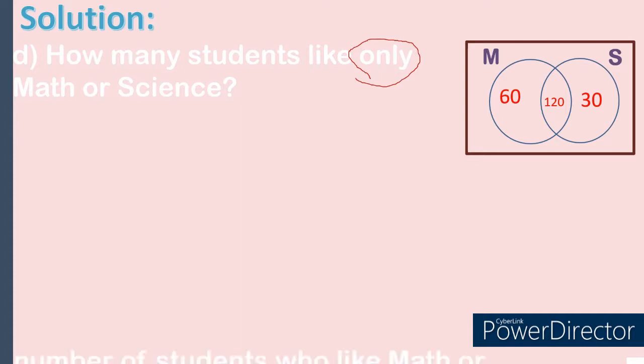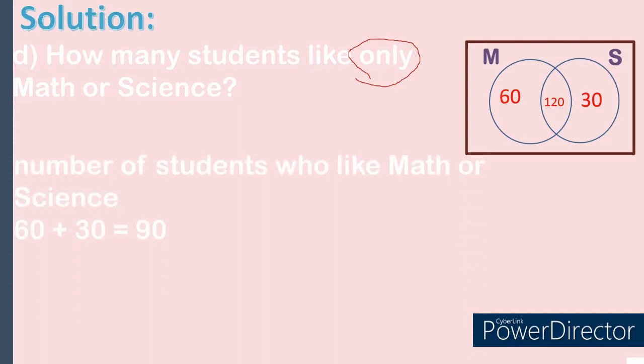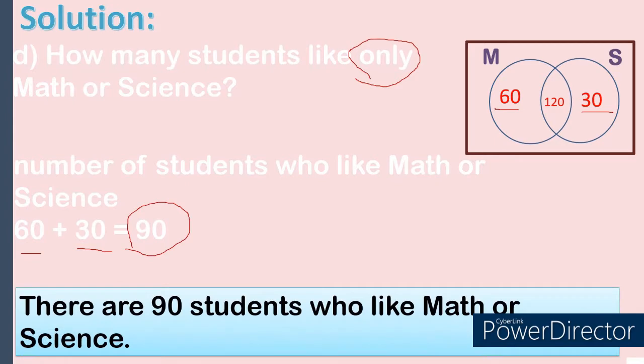So, the number of students who like math or science is from the given. We have 60 for math only, and we have 30 for science only. Get the sum. So, 60 plus 30, we have 90 students. So, there are 90 students who like math or science.